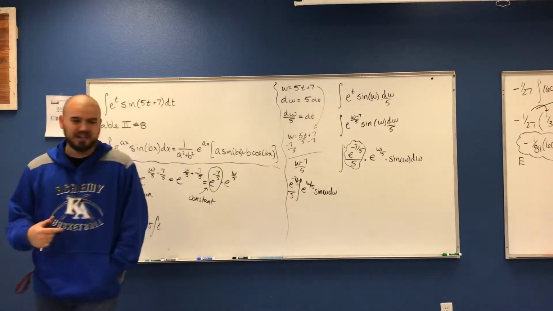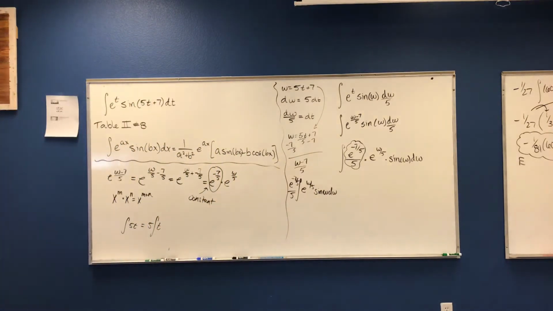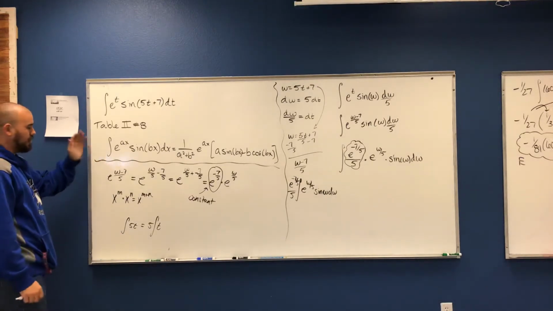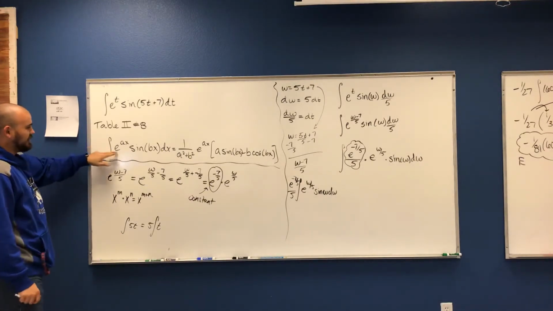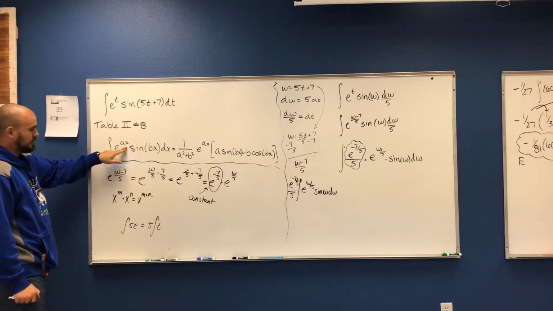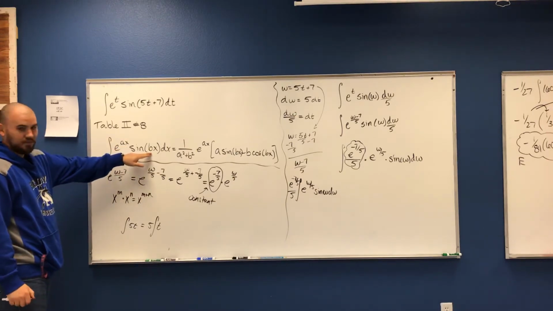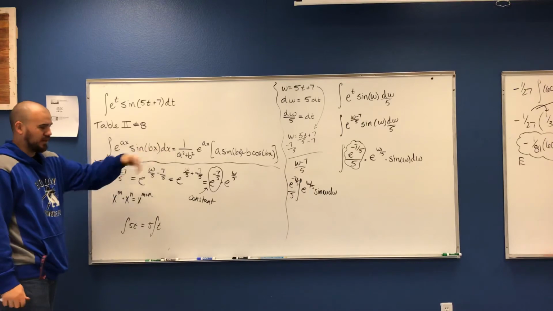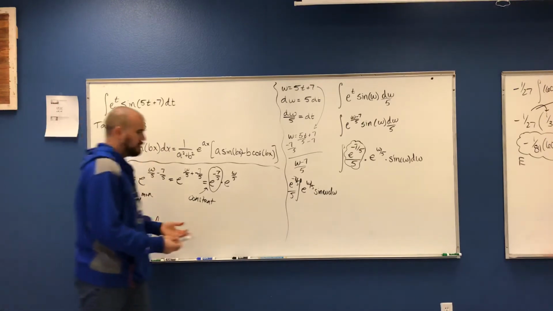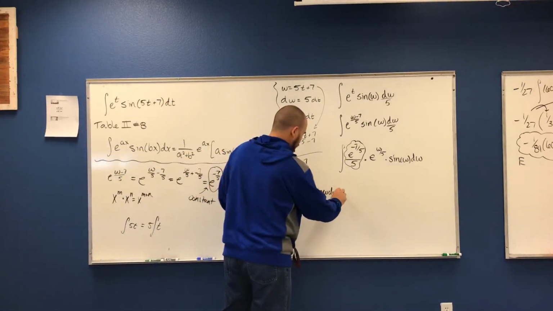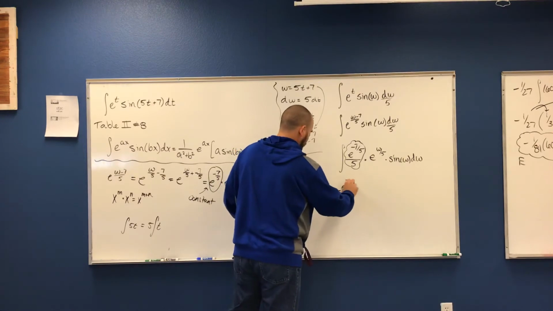And now I can use the table from here. The table says e to the ax times sine of bx is equal to yada, yada, yada. Well, we have that here. It looks a little bit different, so I'll write this a little bit nicer and cleaner.